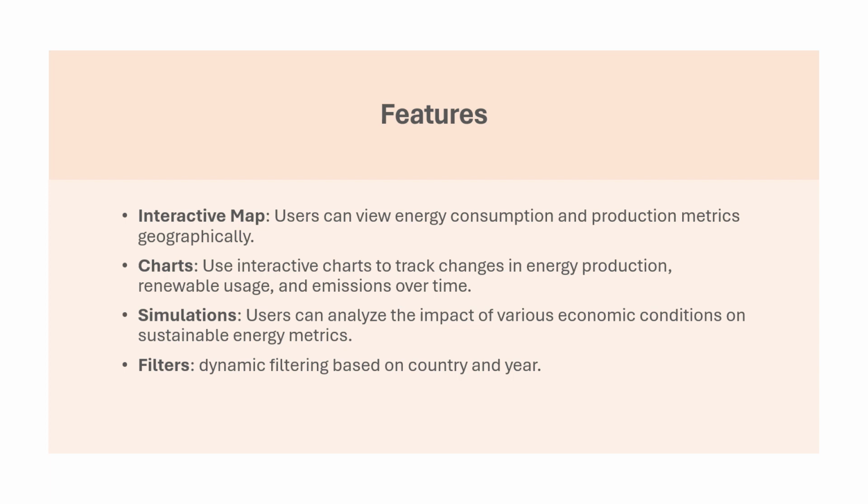Users can use this to view how changes in energy production and the increase in production of renewable energy have affected the GDP and the pricing of energy. I also have a filter which can filter based on country and year.